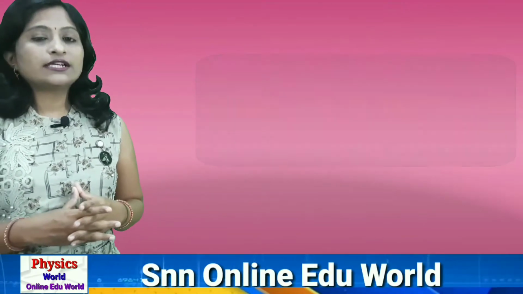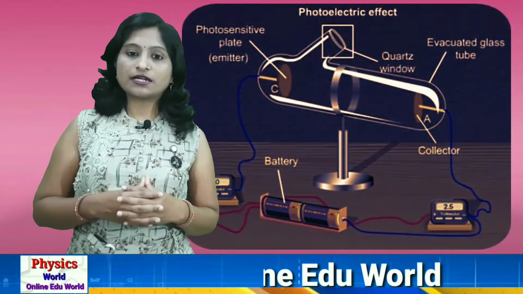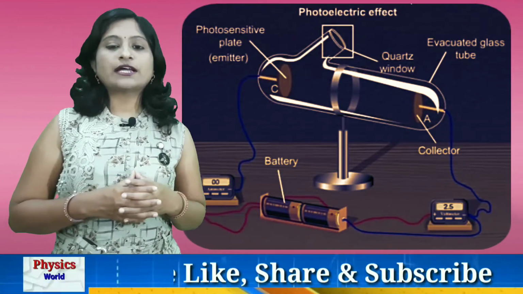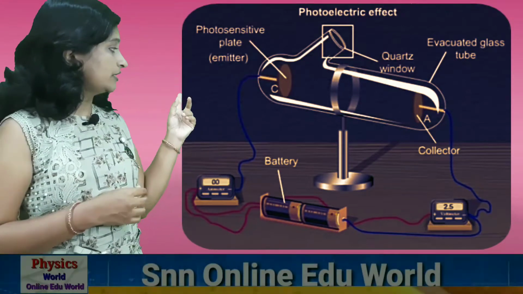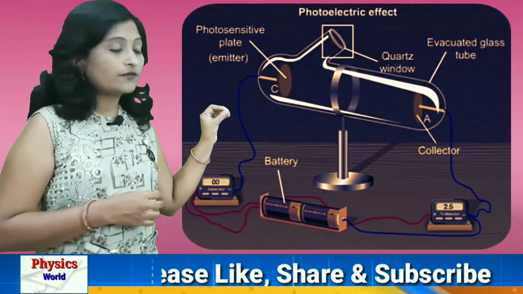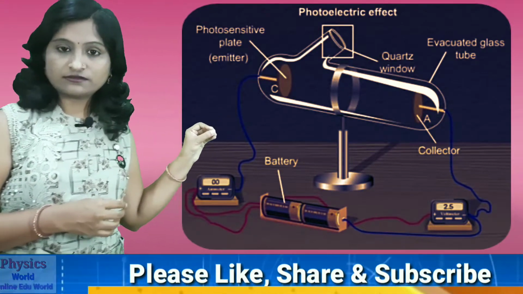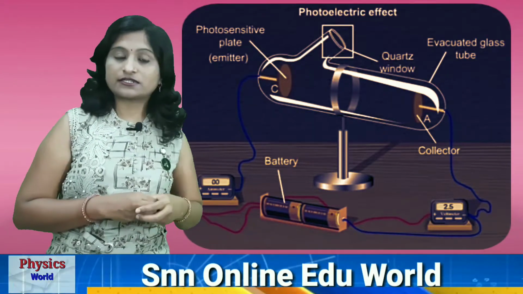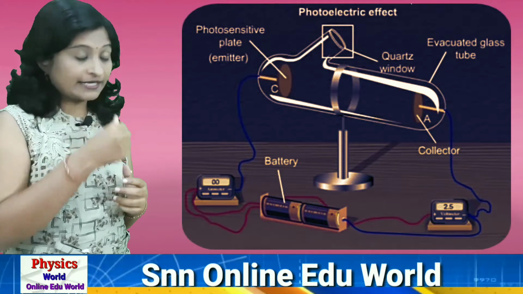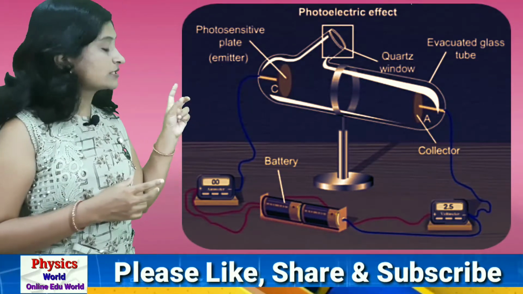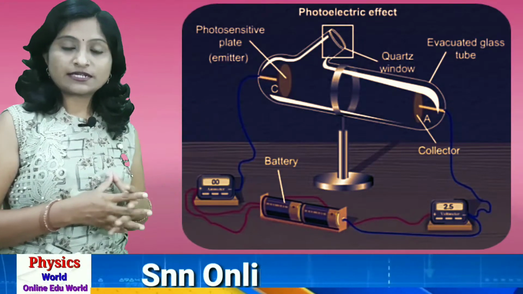Now let's see the experimental arrangement of this photoelectric effect. Here an evacuated glass tube is taken. The whole tube-like structure is made of glass and evacuated. Inside it, a photosensitive material is kept as a cathode.